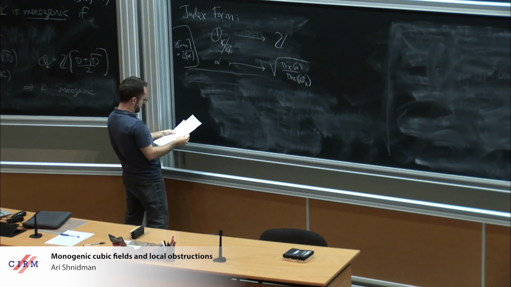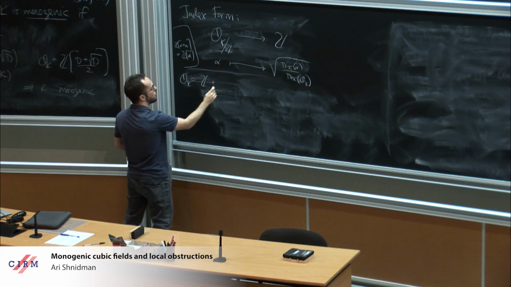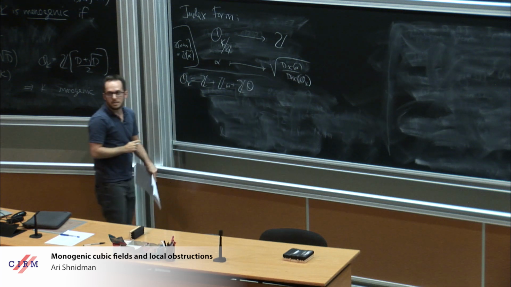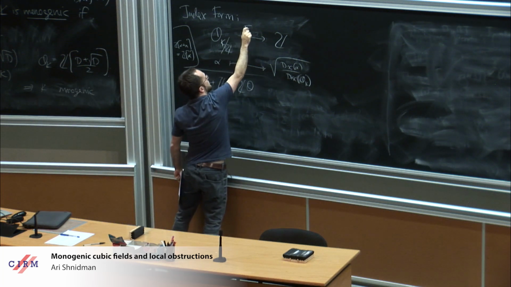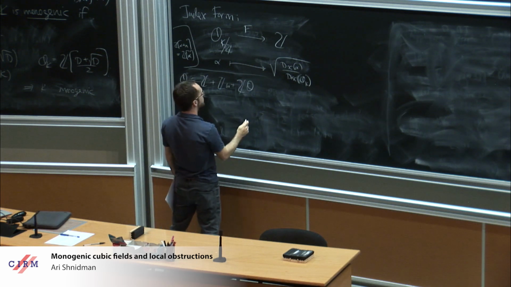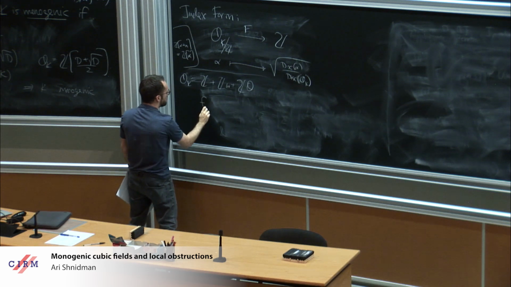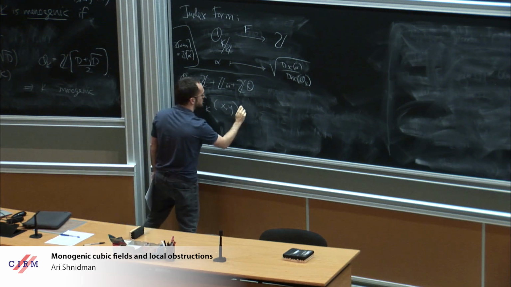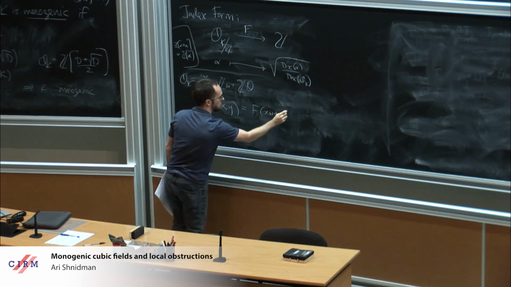So how do I want to write this? If I choose a basis for OK, I can always let 1 be one of my basis elements. So if I choose a basis for OK like this, let's call this map capital F, then I can write down a concrete binary cubic form in 2 variables just by setting this equal to this.